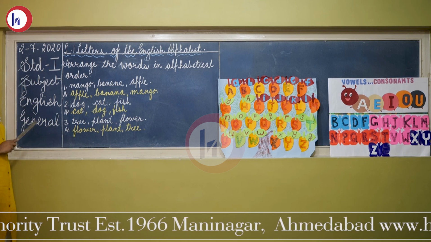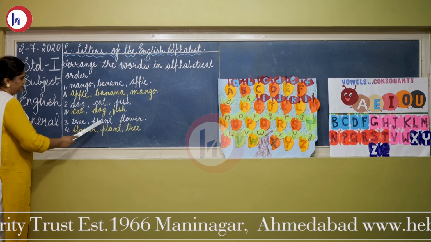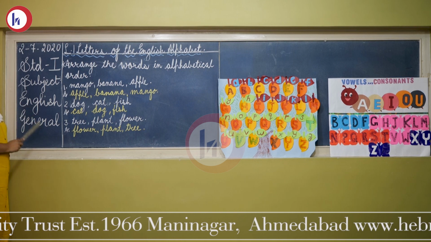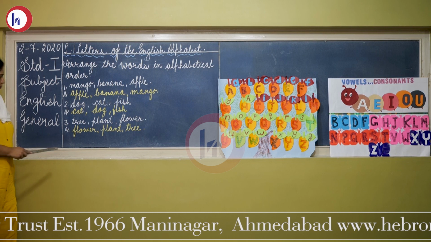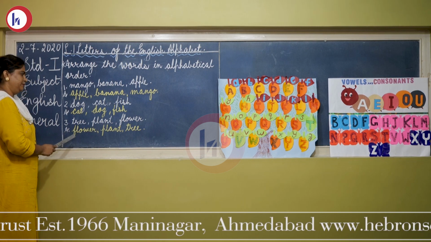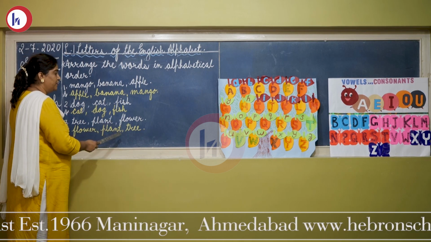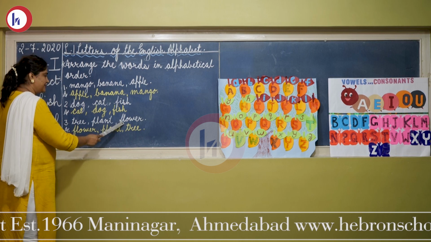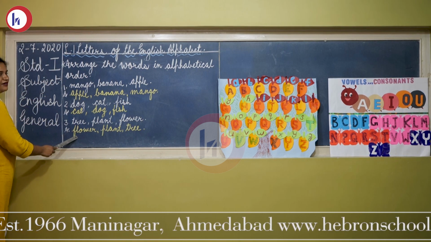Now, take another example. Tree, plant and flower. Come on, let's start. Is any word starting with A? No. Then B? No. C? No. D? No. E? No. F? Oh yes, we have F-L-O-W-E-R, flower. So write that word first.